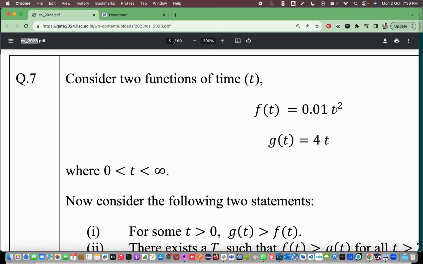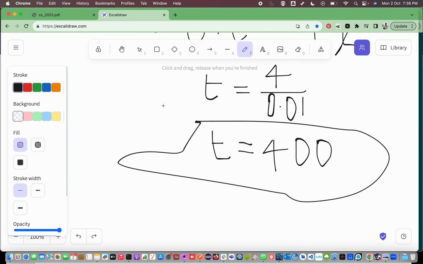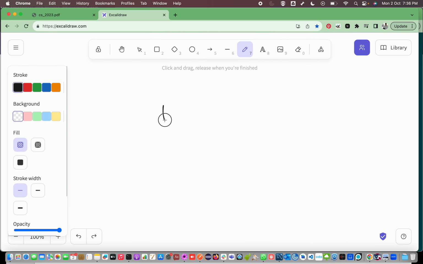If t is 1, 0.01 t square is 0.01, and g is 4. So we can make a table like this: t value, f value, and g value.